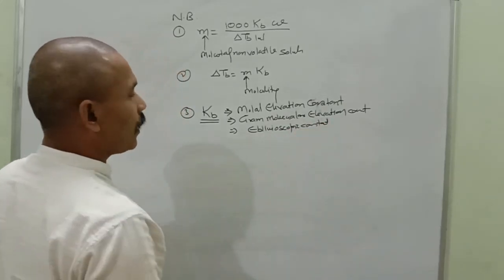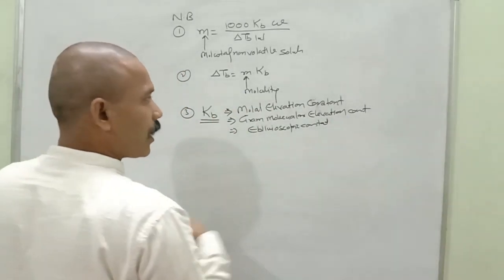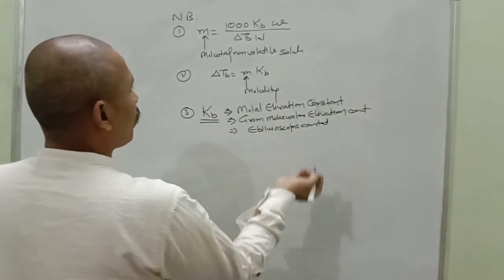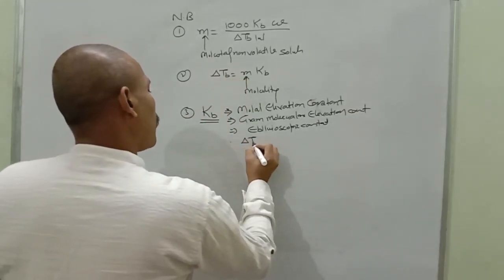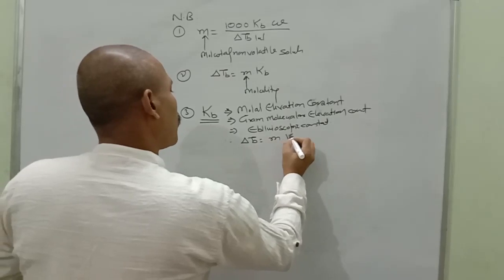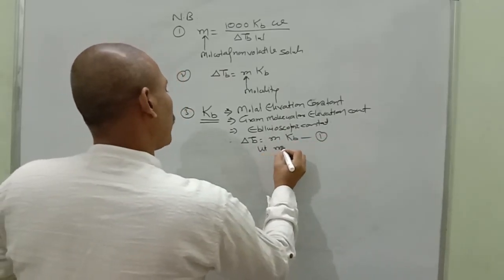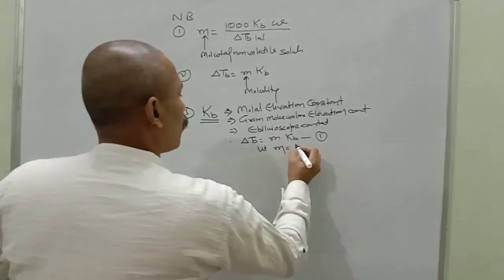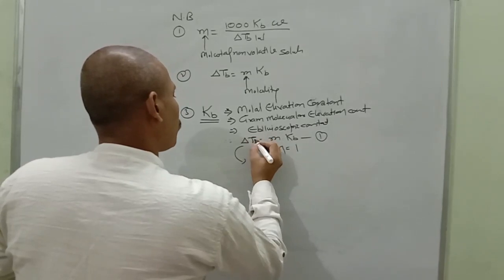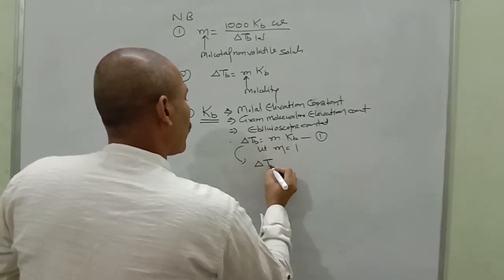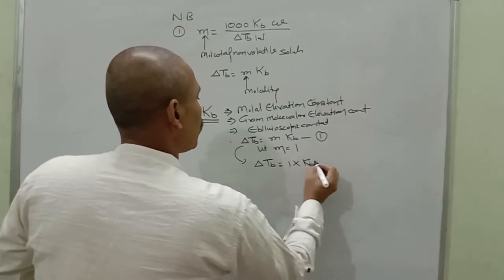Sometimes we have the question, define molar elevation constant. Whenever there is a definition of any constant, how can we define it? First we write the formula. Since del Tb is equal to small m into Kb, equation number 1, let molality be equal to 1. So this formula becomes del Tb is equal to 1 into Kb, equation number 2.